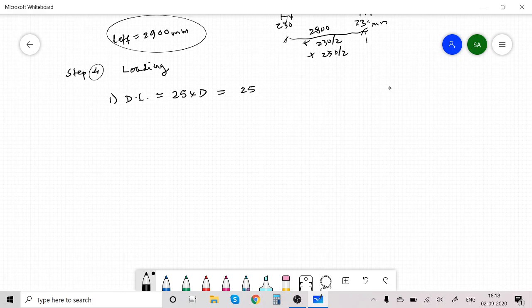So 25 into D is in meter, of course. So it is 3 kilonewton per meter square.